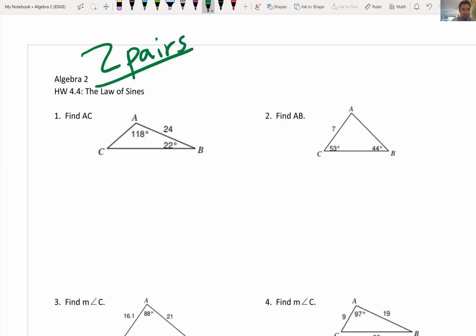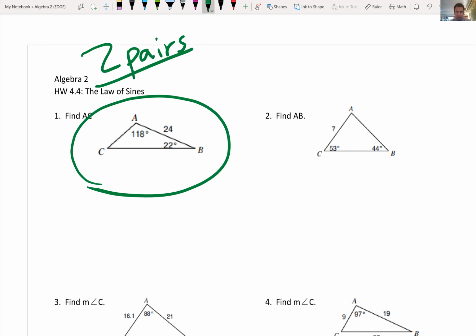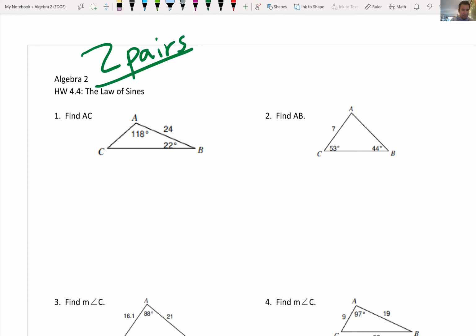Now I want you to copy down this triangle, because this question doesn't have a good setup right away. We need to do something about it. So I want you to copy down the triangle.